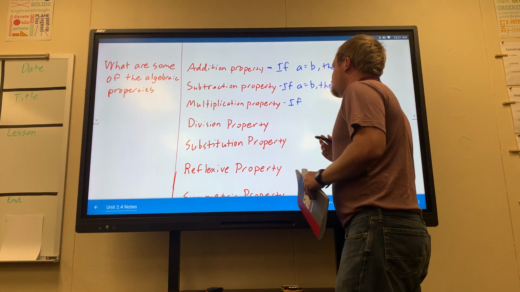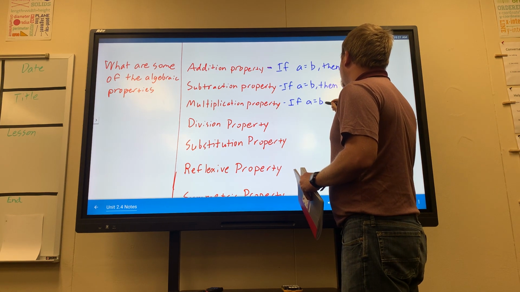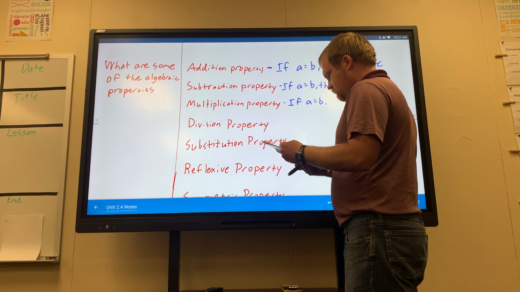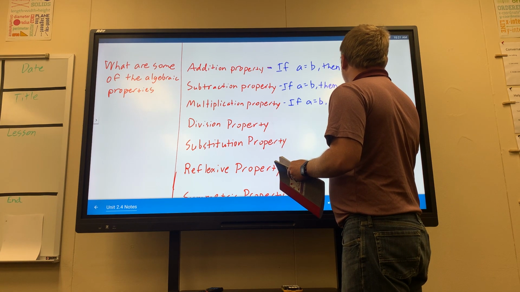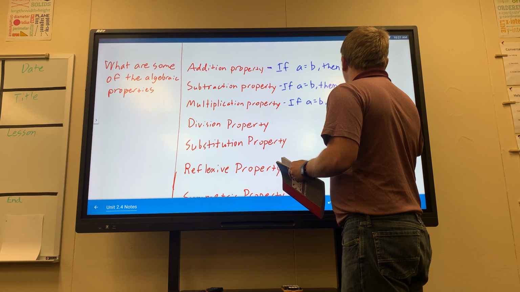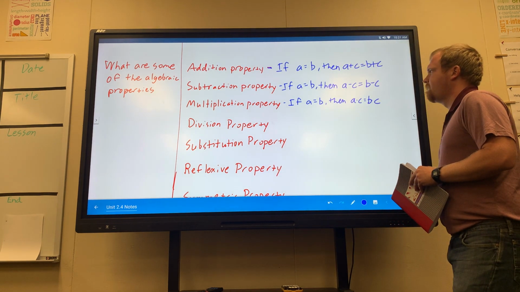Now, multiplication property says if A equals B, then A times C equals B times C. Okay?